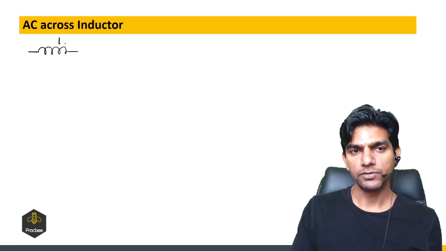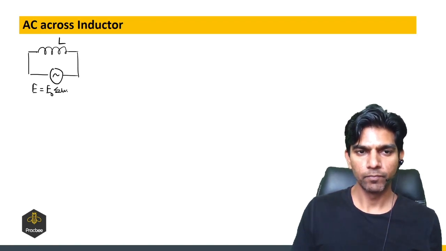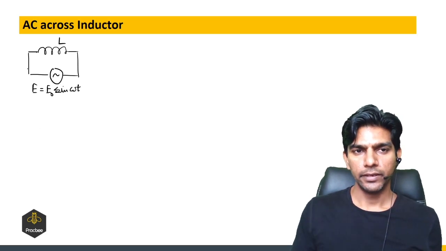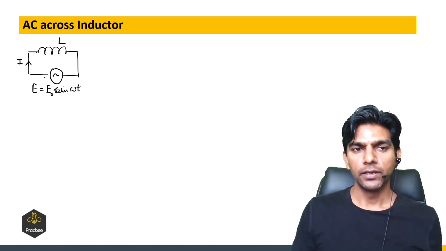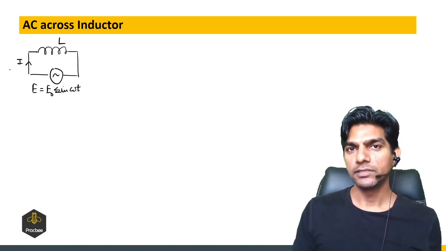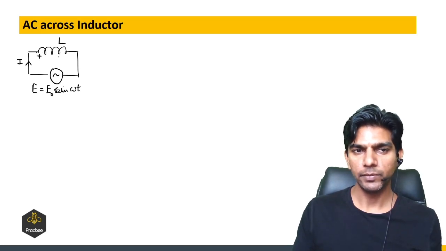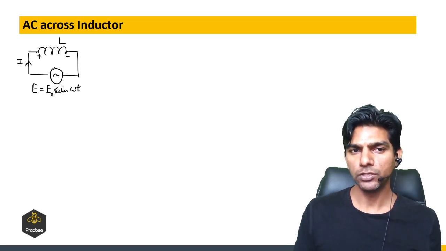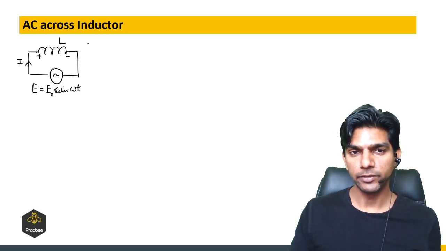So there is an inductor of self-inductance L, and it is connected with an AC source. And this AC source has an EMF E naught sine omega t. And let us again assume that at time t, the instantaneous value of the current in the circuit is I. And let us assume this current is increasing. If this current is increasing, then we know that this end will be at high potential, this will be at low potential, and the voltage drop across the inductor will be L di by dt.